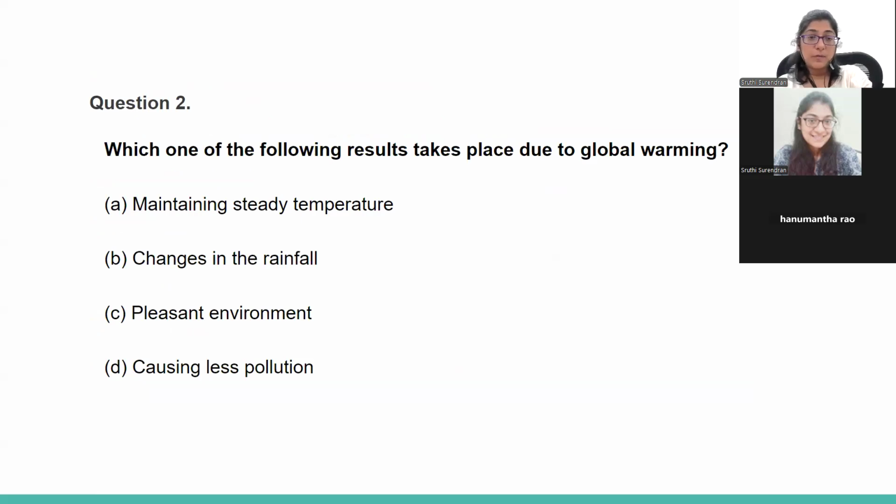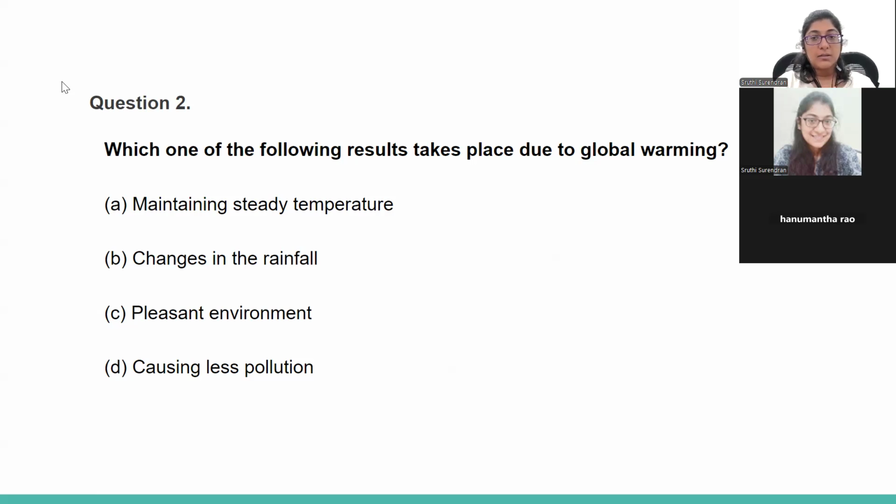Moving on, which one of the following results takes place due to global warming? Out of the options provided, if the greenhouse effect was at a stable level, then global warming wouldn't occur and a steady temperature would be maintained on the earth.